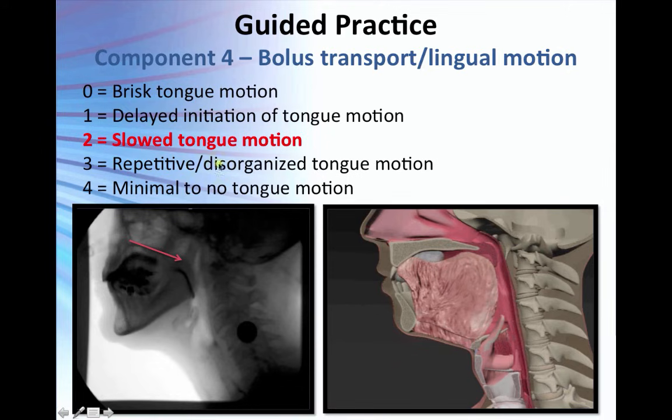People often overcall this, and if there's just a slight movement in the tongue as they acclimate to the bolus being in the mouth, they're calling it repetitive disorganized. That's not what we're going after here. We're going after this, problem with initiating the motor program where they're pumping the tongue and the bolus back and forth. So 3 or greater is going to bring you to a 3.